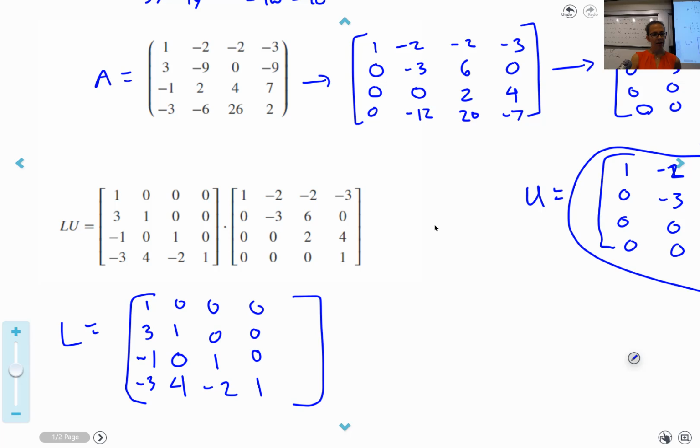So I'm curious about the intuition behind that. Let me think about that one. That's a good question. Maybe it's just so that when you multiply L times U, you don't zero out everything. Yeah, that's probably it, it's like killing the first row otherwise. Right.